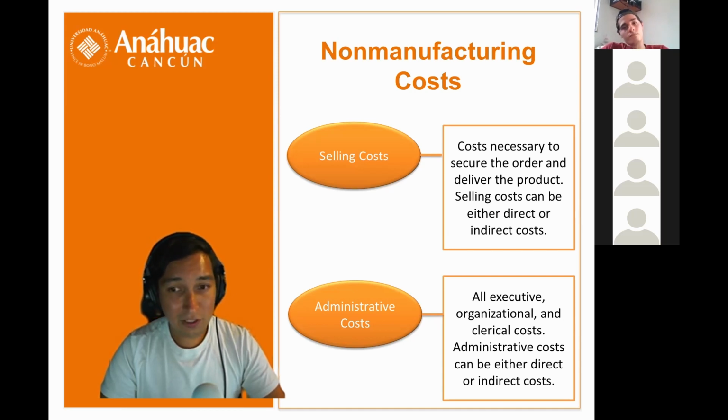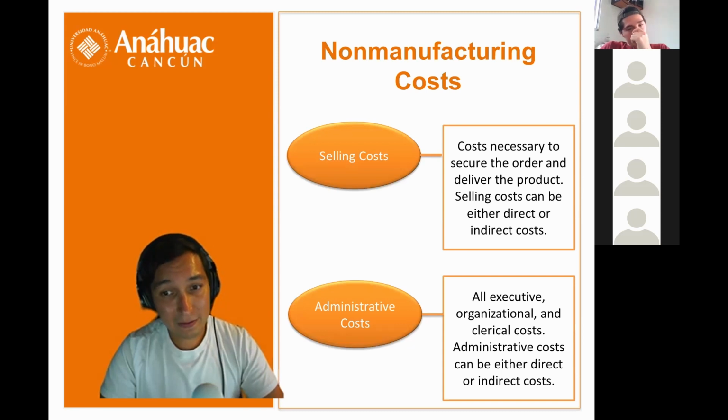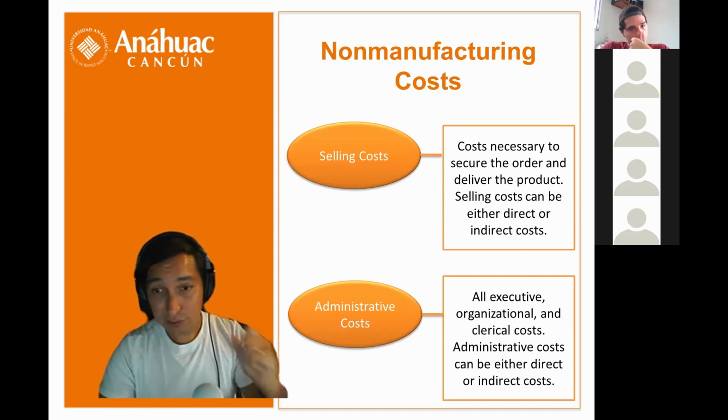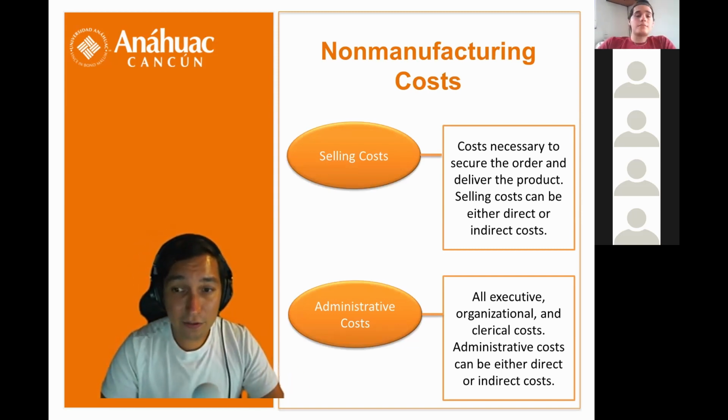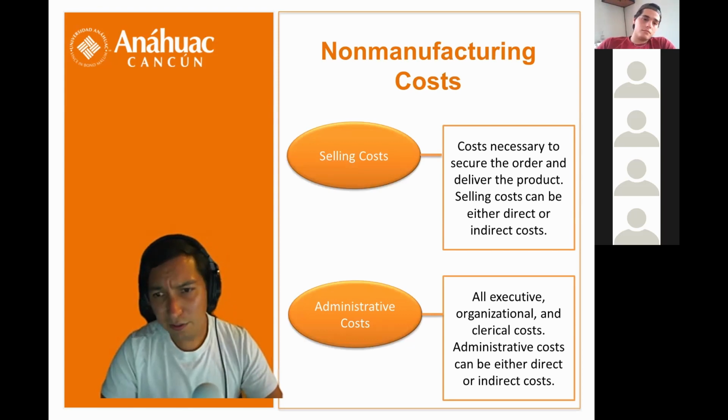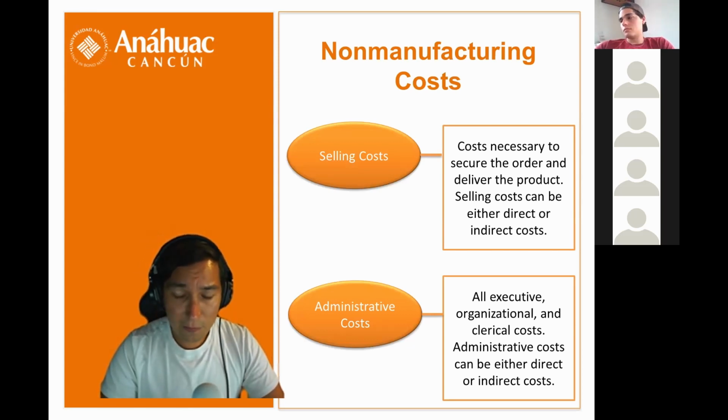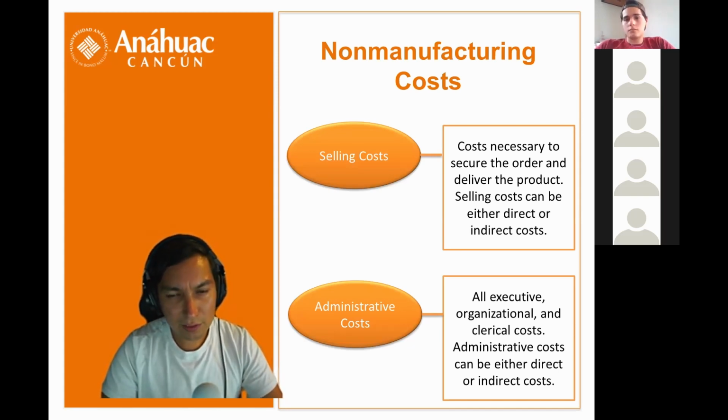We have to learn the matching concept because we want to match our expenses to the period in which they are incurred. So selling costs include costs necessary to secure the order and deliver the product. They can be either direct or indirect. So this is what I was saying about these different cost classifications not having to be mutually exclusive.